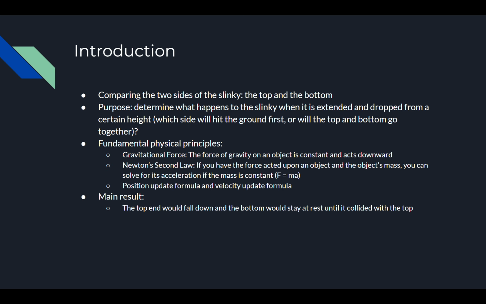And the main result of this lab was that the top end would fall down, but the bottom end would appear as if it's staying at rest until the top end would collide with the bottom end of the slinky, and they would be compressed and hit the ground as a compressed slinky.